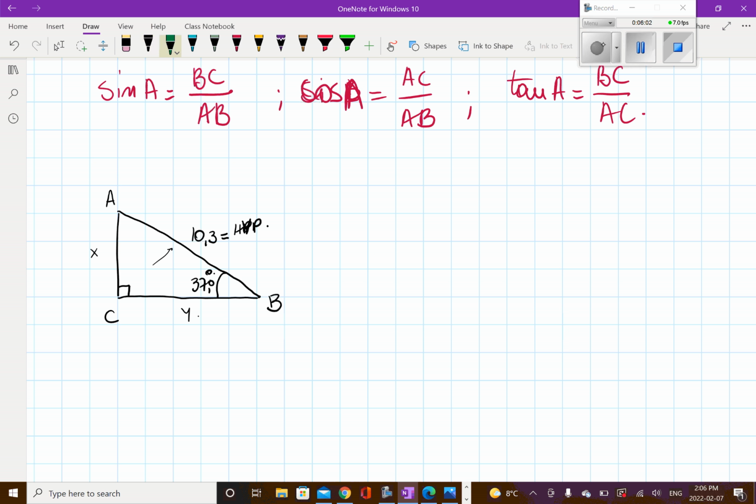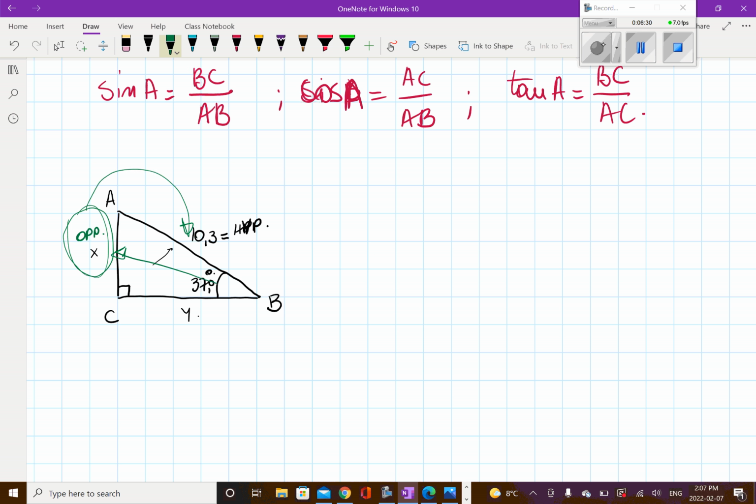So now in relation to the given angle, what we are doing is we are labeling the sides. In relation to the given angle 37, side X is the opposite. And then you ask the question, what is the trig ratio that relates the opposite that we are looking for with the hypotenuse that is given?